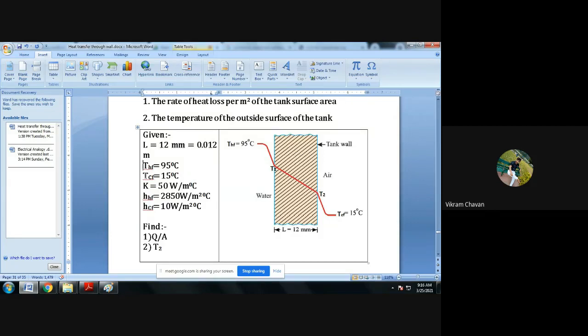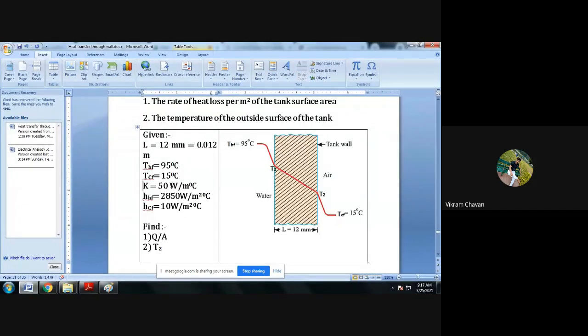And T suffix CF is equal to 15 degrees Celsius. Then thermal conductivity of the wall is provided, which will be considered as K. K is equal to 50 watt per meter degree Celsius.